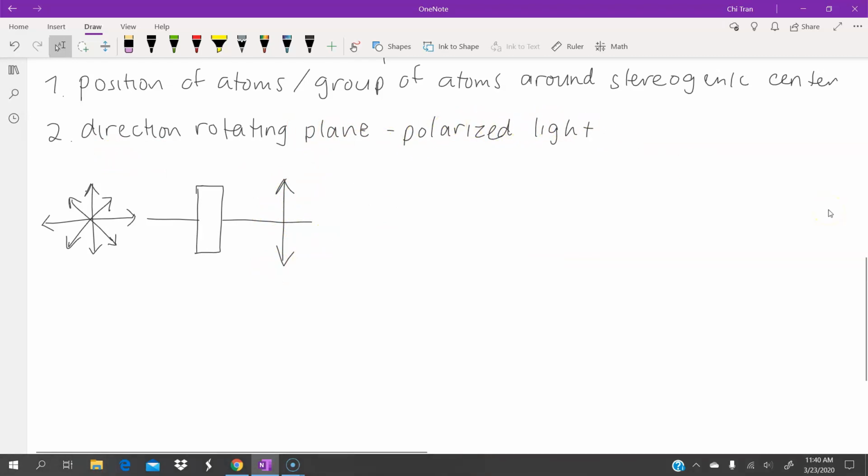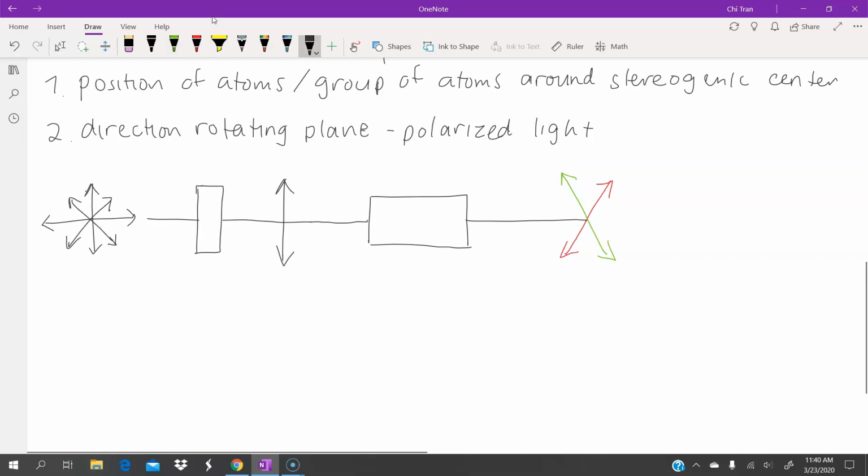So using this light, if we were to put in a sample of molecules, which includes both of the enantiomers, there will be two sets of results. So one portion of the light will end up in this direction, and the other will end up in the opposite direction.